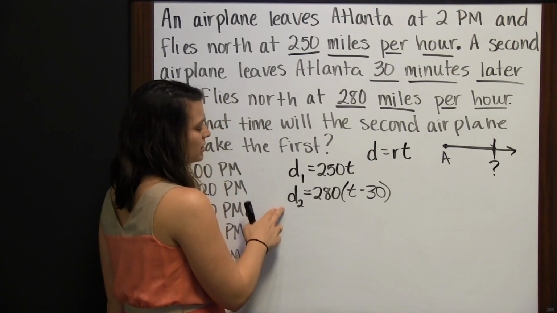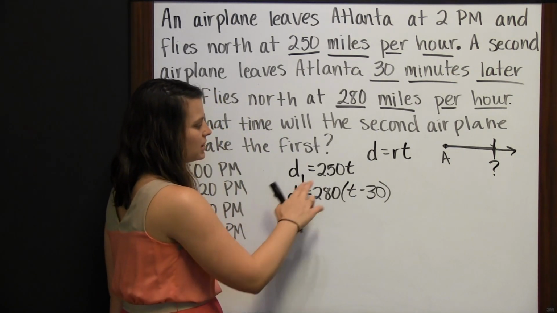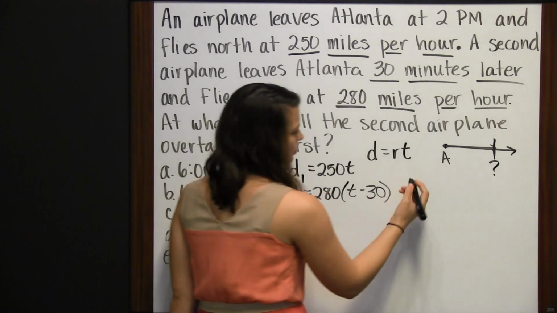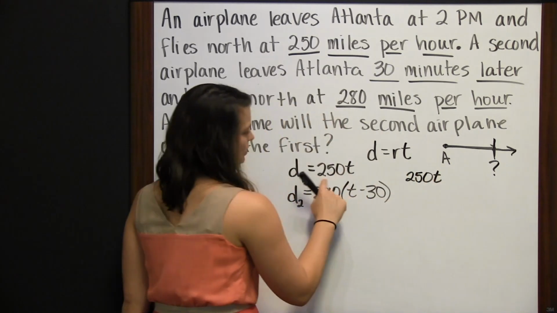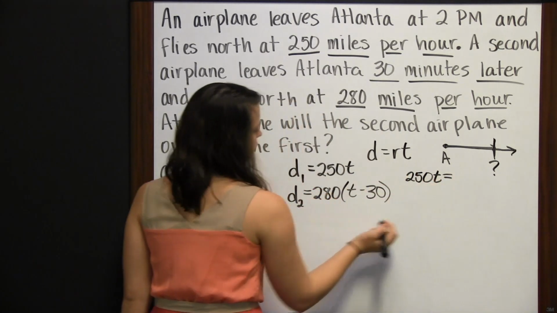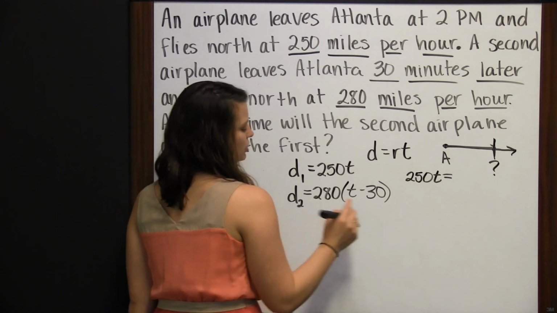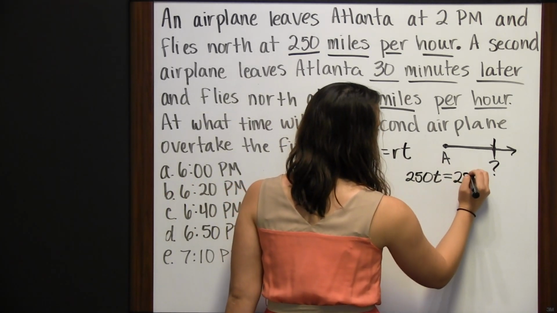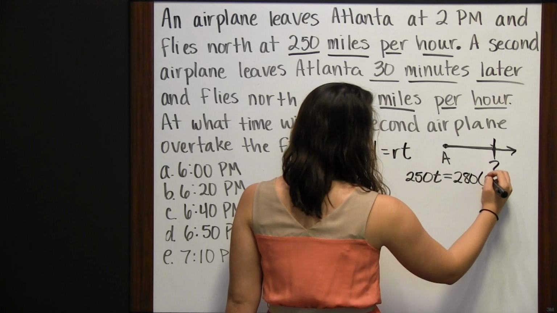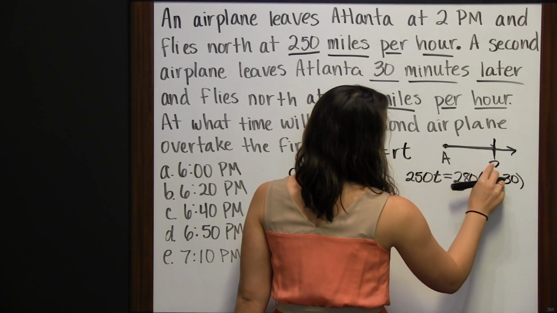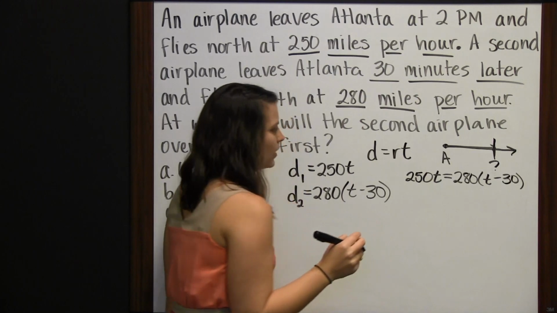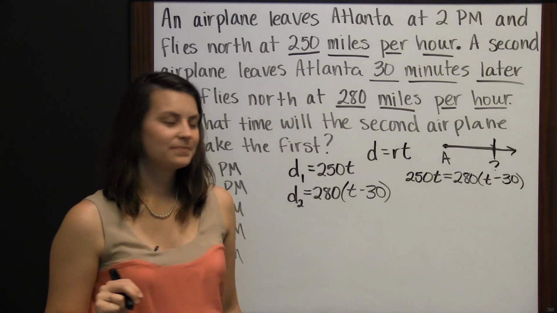So we can take these two distances and set them equal. The distance of plane 1, 250t, is equal to the distance of plane 2, 280 times the quantity t minus 30. And now we need to solve for t.